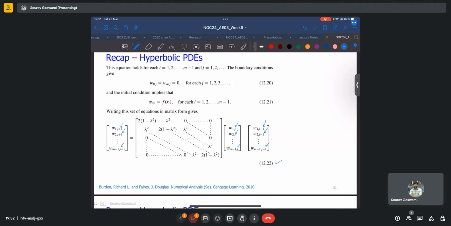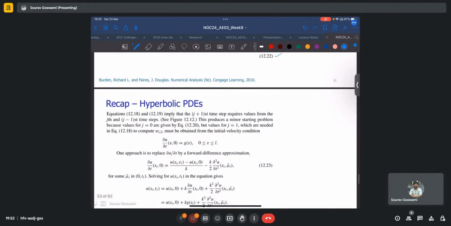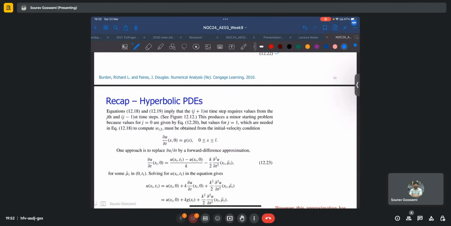So to calculate the information at one time step, we need information of the two prior time steps. And this is also written here. So the j plus 1th time step requires values from the jth and j minus 1th time steps.